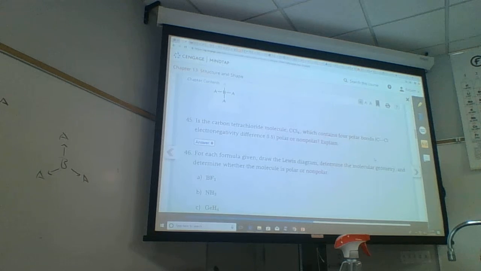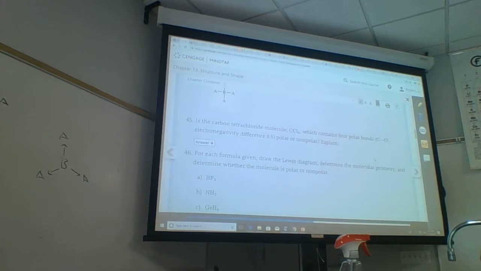If I look at these two A's, they're going to be pulling this direction, right? However, I have two other A's pulling the opposite. It doesn't look like it's the opposite, but it is the opposite. These two A's are going to pull this way. These two A's are going to pull the opposite direction with equal strength. And so the bond dipoles end up canceling each other out.